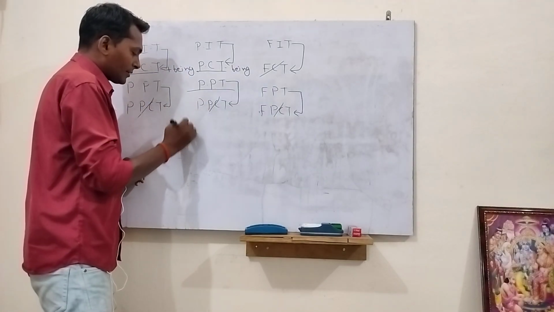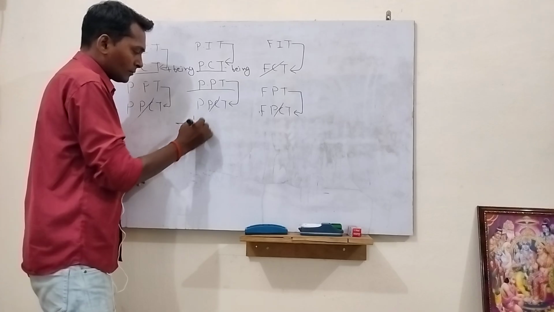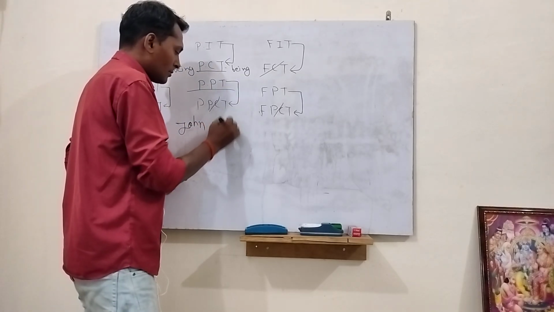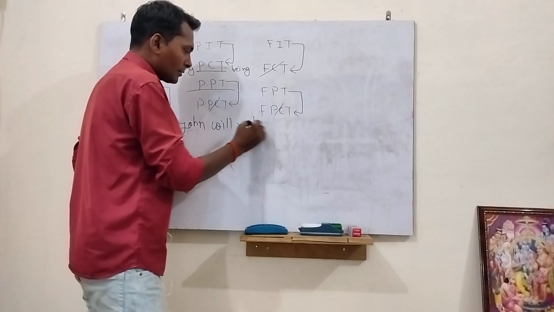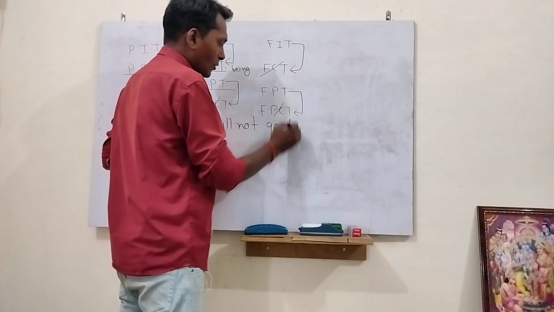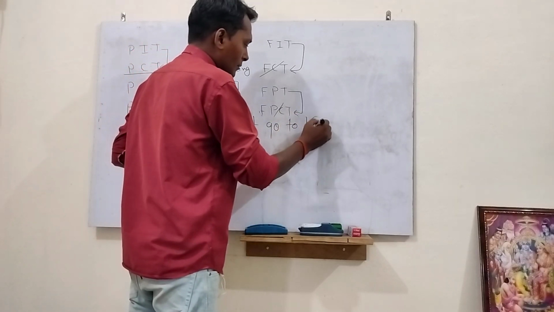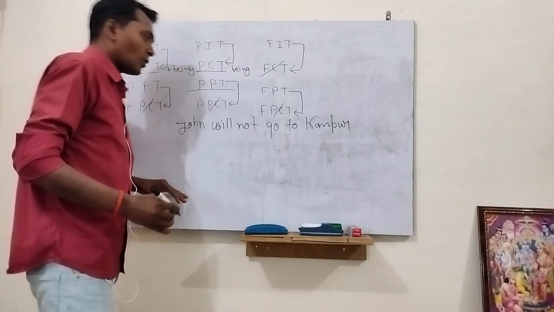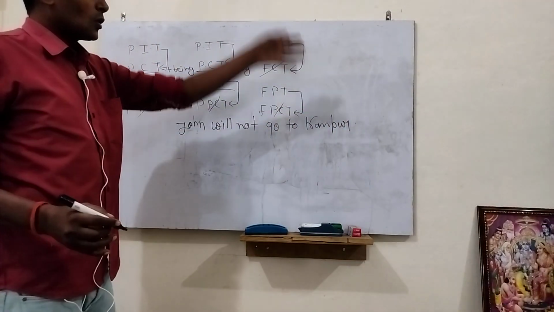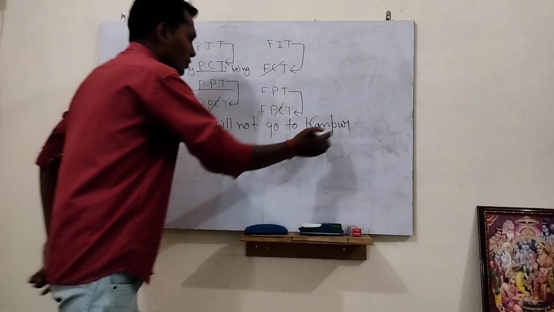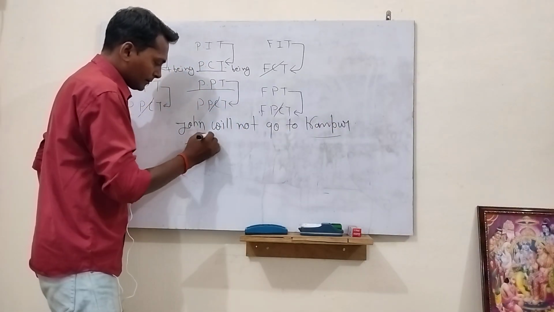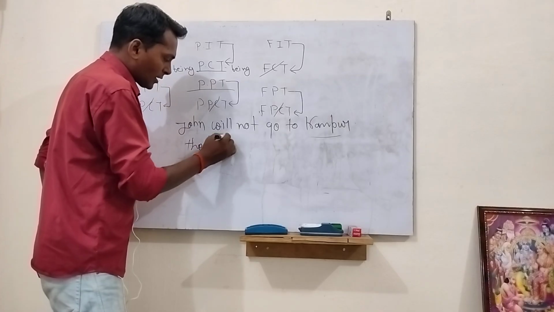Now if you want to write this also, write. Say, John will not go to Kanpur. You have to convert it. So what is the object? It is Kanpur. How do you use Kanpur?